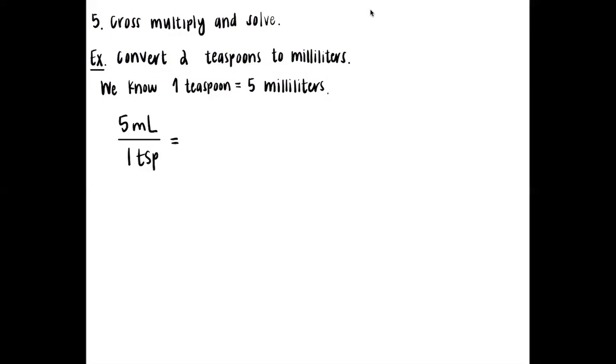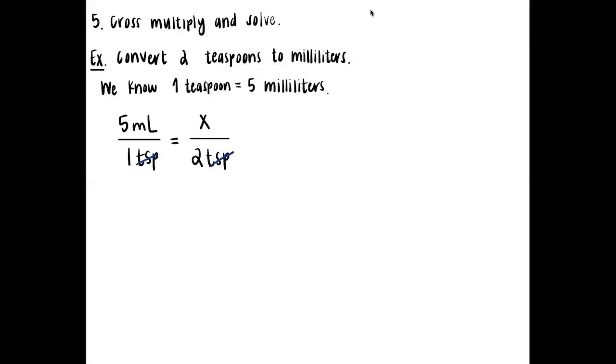And now, if I set up my second fraction using just what I want to find, I want some x amount of milliliters that I know is equivalent to 2 teaspoons. And in this case, this is where we can cancel out units. We're done with teaspoons. I don't want teaspoons.